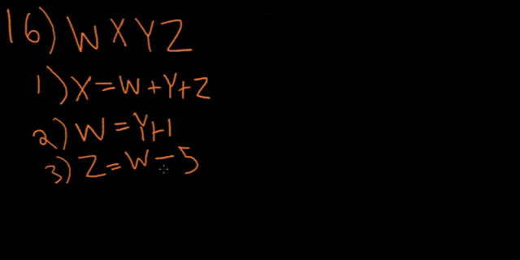Well, we need to try and assume a value for the least number, because when you start with the smallest number, it becomes easier. Since z equals w minus 5, z could very well be the least number. So let's say z equals 1.